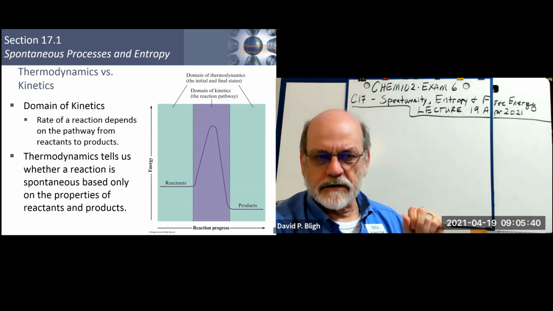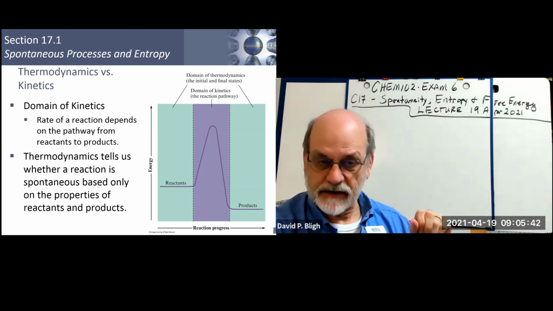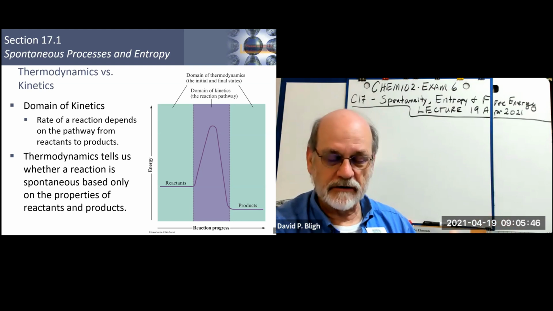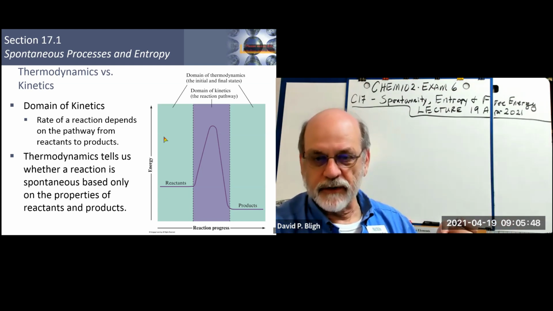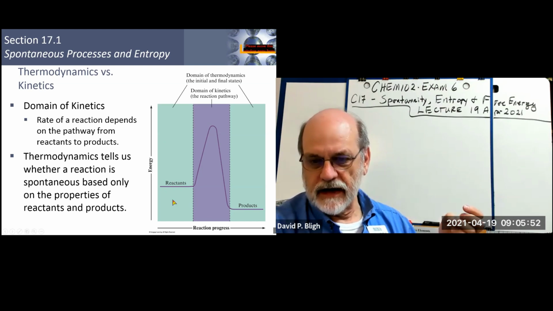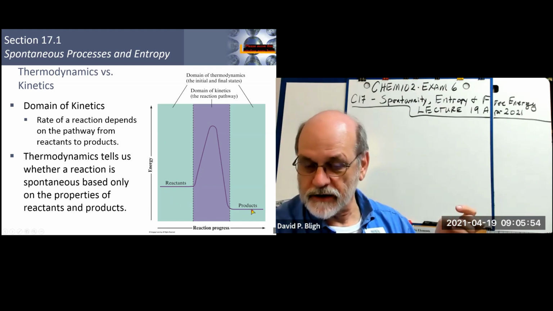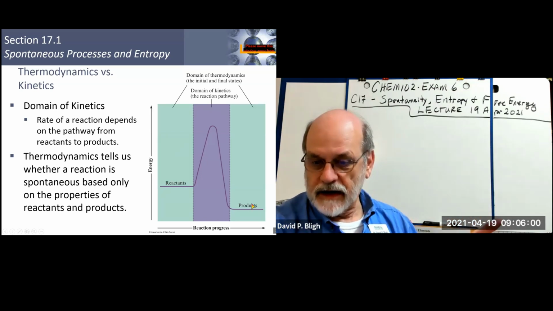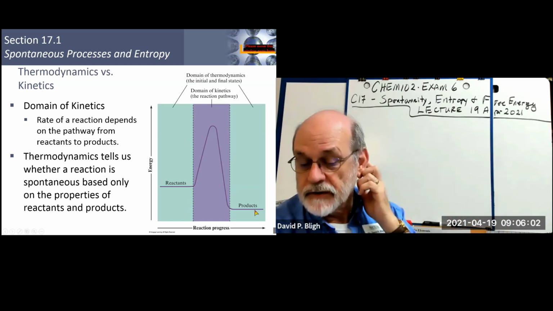We've already covered topics in kinetics, which discuss the speed of a reaction. And you're all familiar with this diagram where you have starting off with reactants and the reaction progresses toward products, and the energy level of the reactants might be here. The energy level of the products might be here.